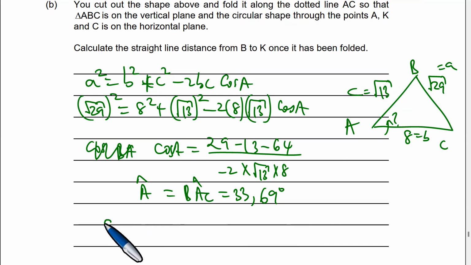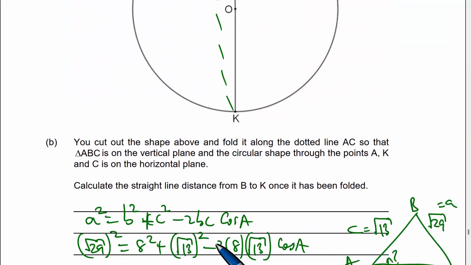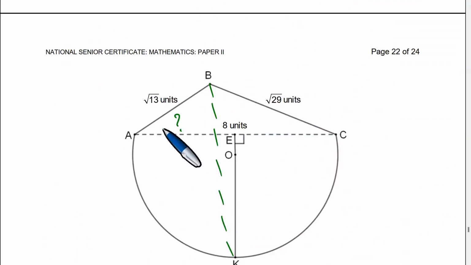So that now you have the sine of 33,69 degrees. The sine of this angle is equal to the height of B over the hypotenuse. So if you fold it, there's going to be some height here like this.